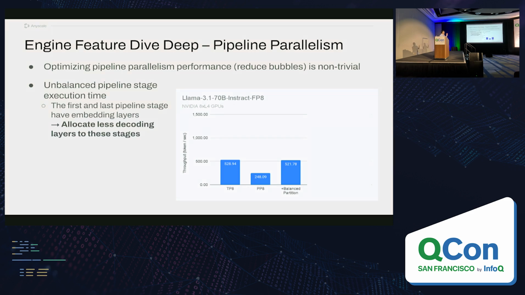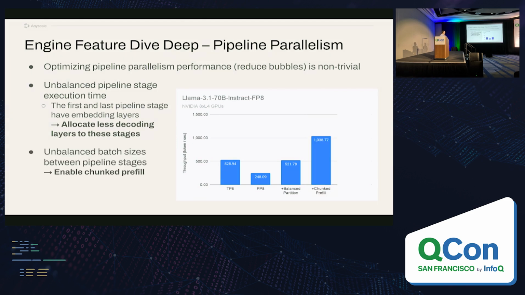And you can see by doing so, we have already achieved a similar throughput as the tensor parallelism. But the performance is not good either, because we expect a much higher throughput. So another bottleneck is the unbalanced batch sizes between pipeline stages. Imagine you have a pipeline with 8 stages in this example.